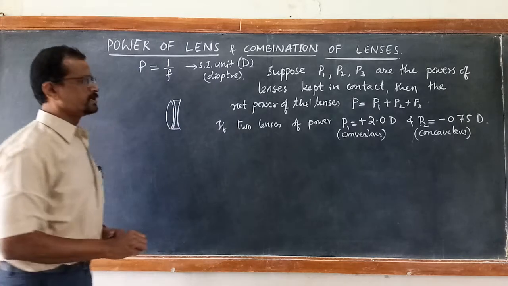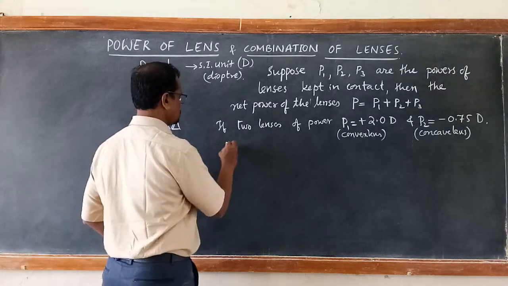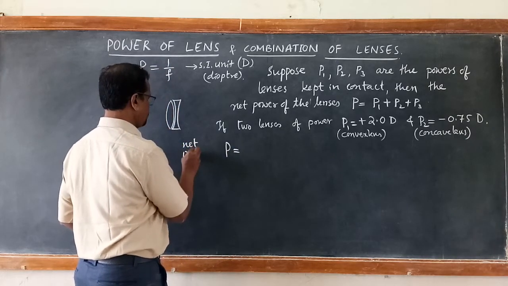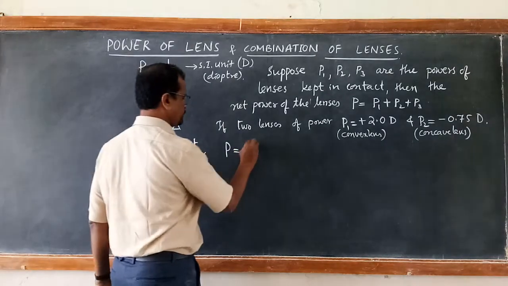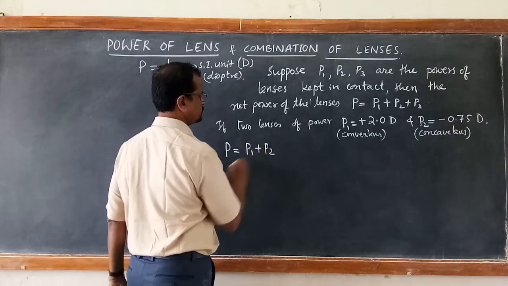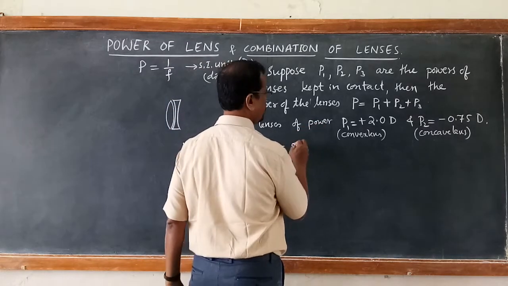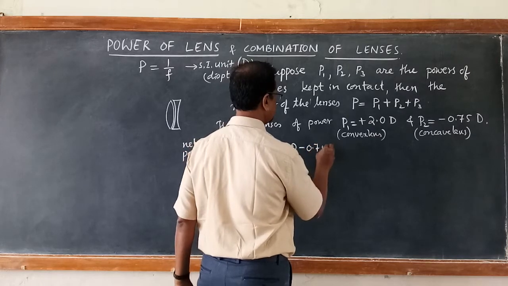How does this combination act? So to find the total net power of this system, P becomes equal to P1 plus P2. So it's very simple to add now. 2 plus 2 minus 0.75.